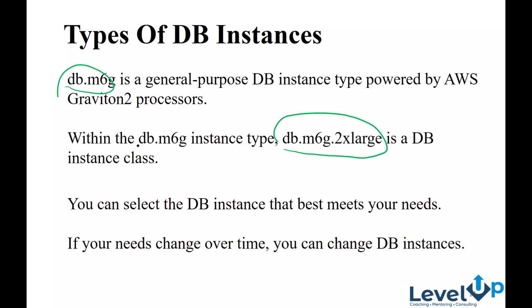Within db.m6g, there are large, small, a lot of options. We'll look into that. Now we can select the database instance that suits our needs. And if I have selected some instance type and I want to change it, can I change it? Yes, I can change it. We will see that once we do the hands-on exercise.